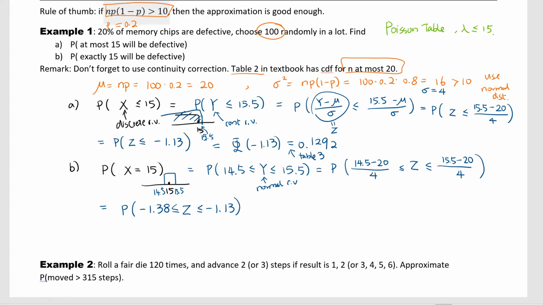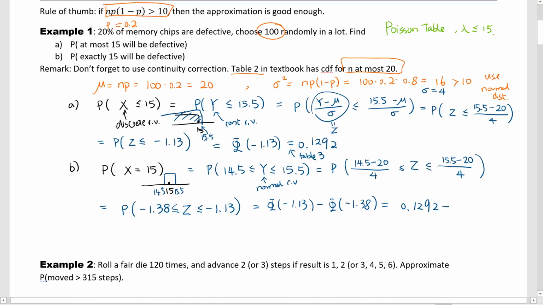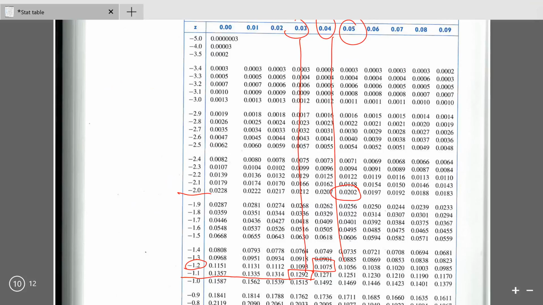Okay, so that is the CDF of the upper bound minus the CDF of the initial value. So final value minus initial value. So we plug in phi of negative 1.13. We already know that from part A. That's 0.1292. How about the next one? Well, let's go back to our table.